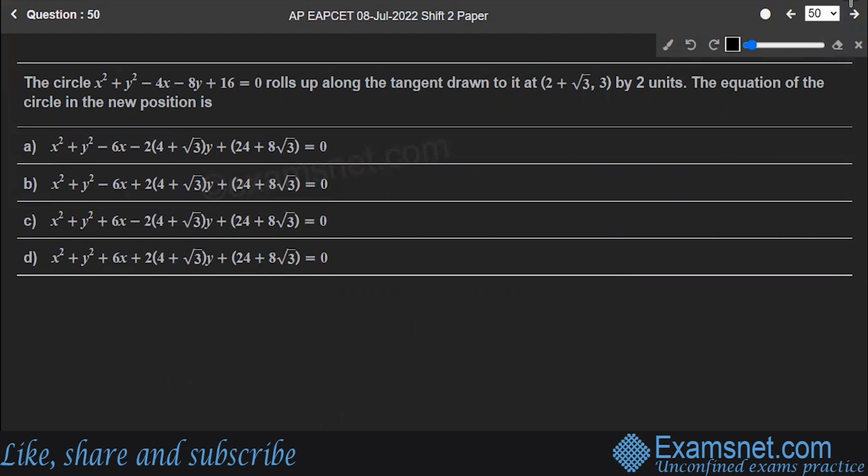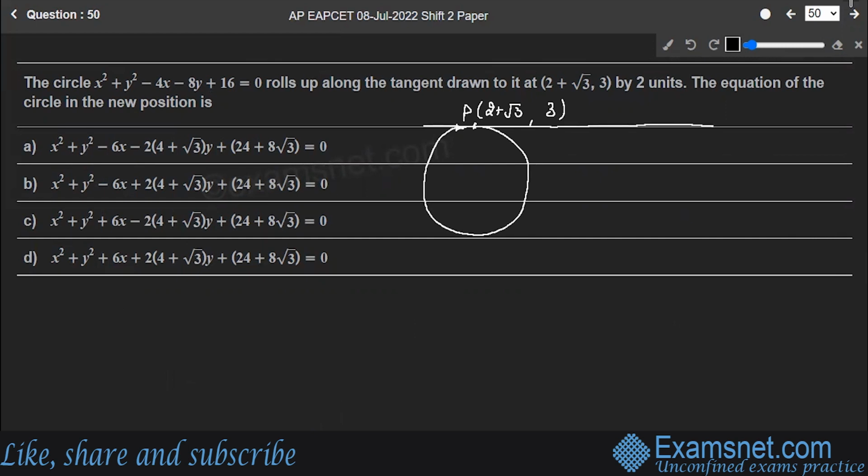That means this was a circle originally. Let this point be P, which is forming the tangent, (2 plus root 3, 3). So over here, you have a tangent.